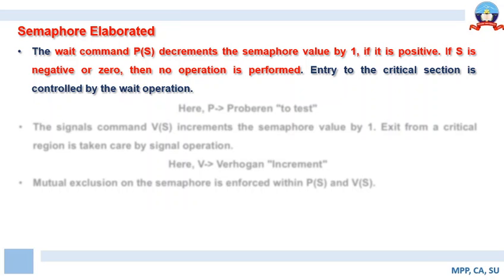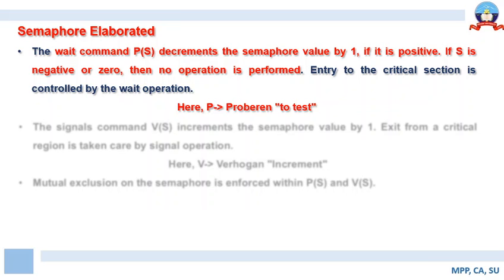Now, why is it called P? Here, P refers to proberen. Proberen in Dutch basically refers to test, or the act of testing. Before a process enters its critical section, we test whether the shared resources in the computer system are free or being utilized by some other process.